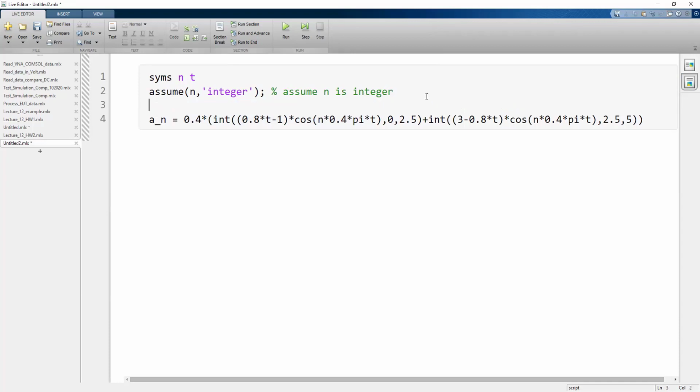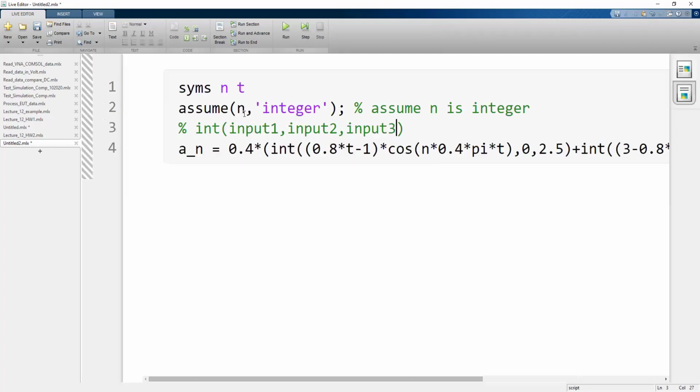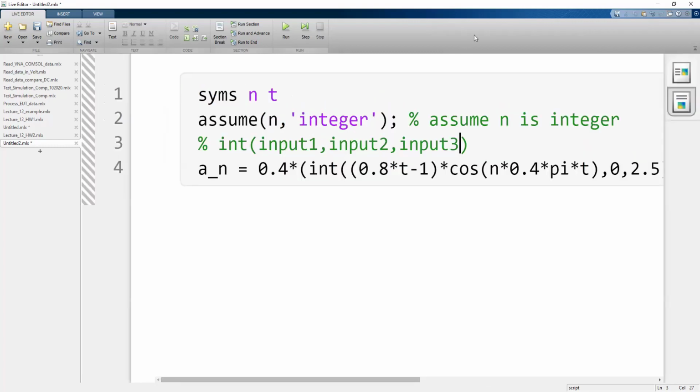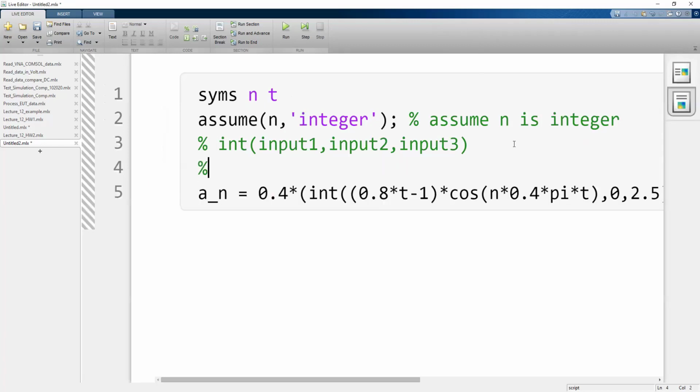So let me quickly add some comments here. If you want to use your integration function, then you have input 1, input 2, input 3. Let me zoom out. All right, I'm going to explain what your input is.